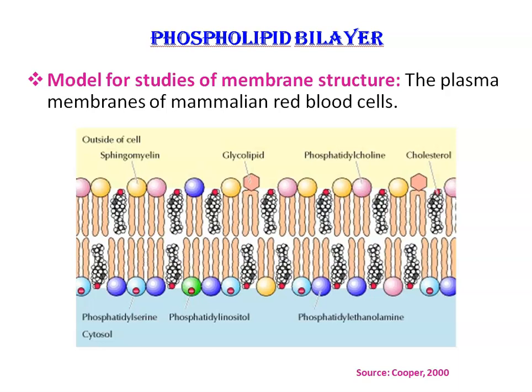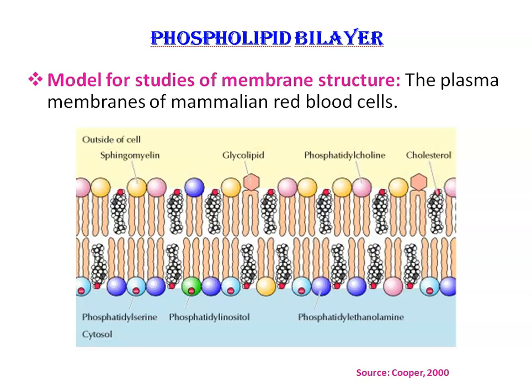Then they determined the surface area occupied by a monolayer of the extracted lipid spread out at an air-water interface. The surface area of the lipid monolayer turned out to be twice that occupied by the erythrocyte plasma membranes, leading to the conclusion that the membranes consisted of lipid bilayers rather than monolayers.